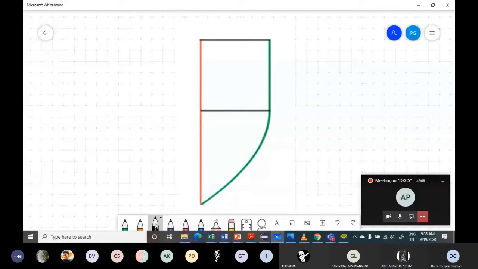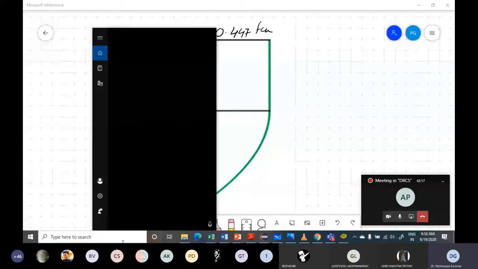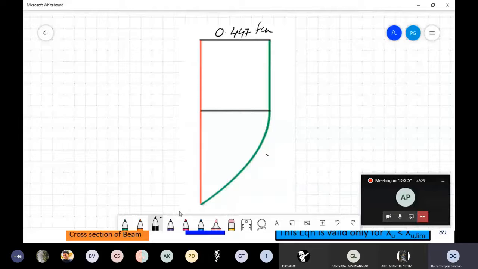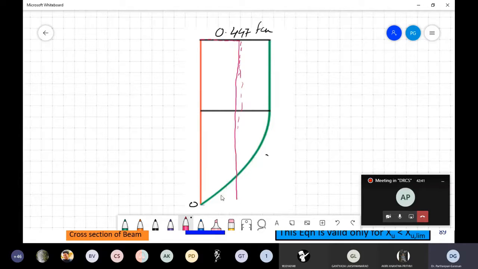Okay, so this is the stress 0.447 FCK. Now, if you draw an equivalent stress diagram of a uniform stress, this is a rectangle. If you change this into a rectangular one, the width of this is 0.36 FCK.